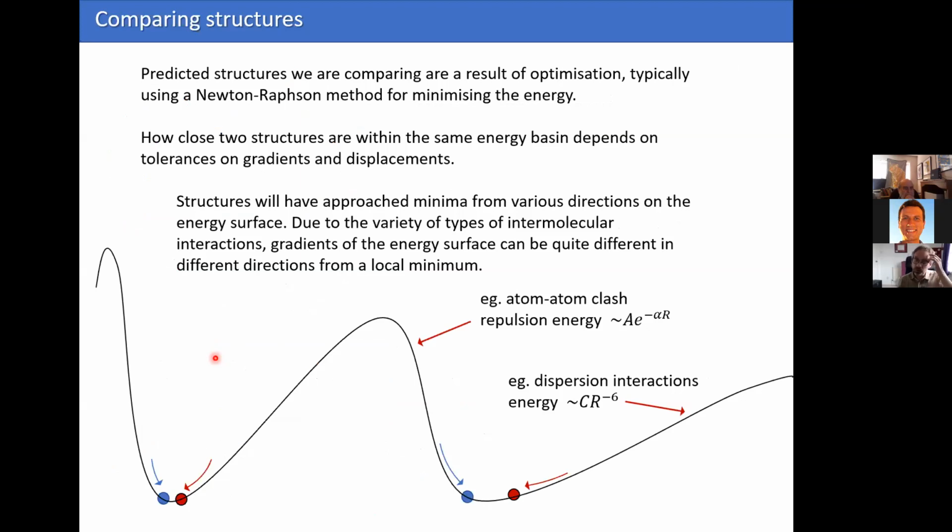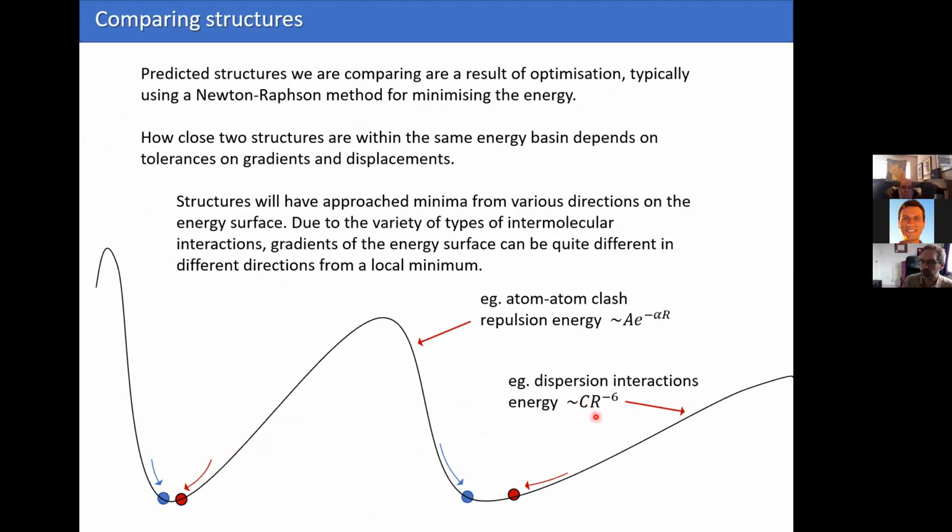And as part of this also is that we have numerical noise in these crystal structures. So we're trying to identify duplicates when we energy minimized, say, 1 million crystal structures and brought them together. All of these have gone through, say, a Newton-Raphson energy minimization, where we're trying to find that local minimum. We stop the energy minimization when we hit tolerances, say, on the gradients, the forces on that structure.